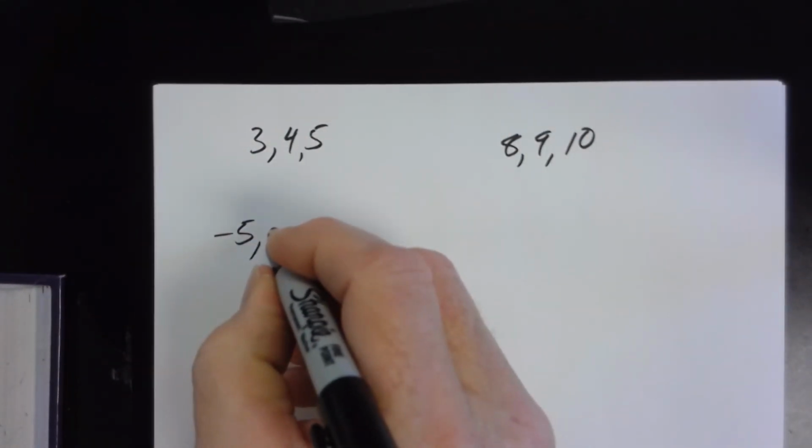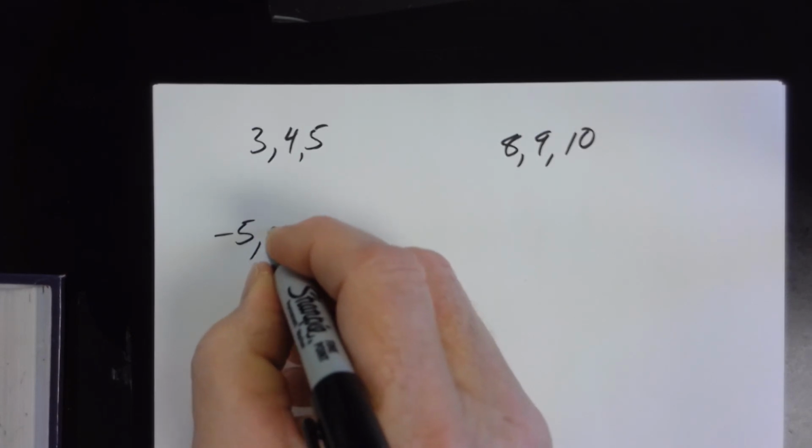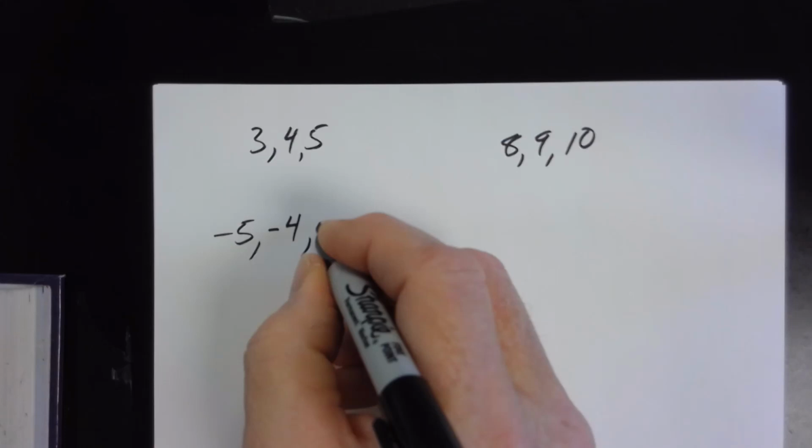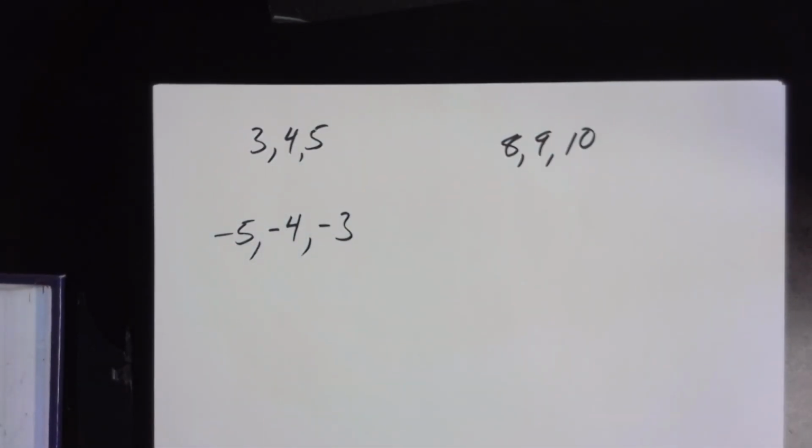Negative 5, negative what? 4. Nice. And then negative what? 3. Those are consecutive integers. So we're always going up the number line as we name the consecutive integers, aren't we? Okay. All right. So make and test a conjecture about the sum of any 3 consecutive integers.